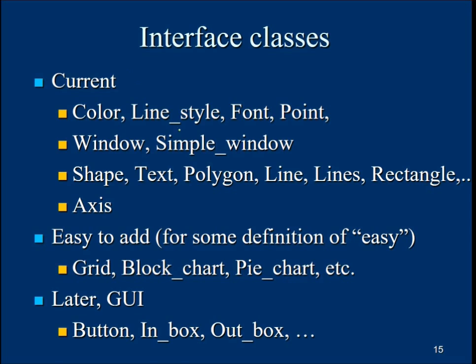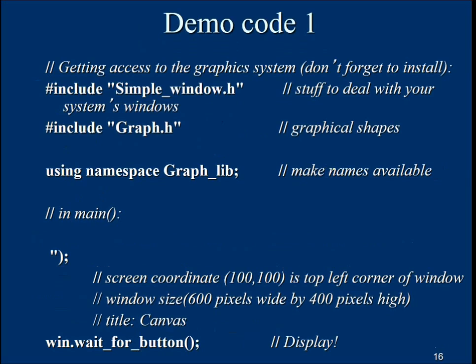These interface classes I just mentioned are color, line style, font, point, window, simple window, shape, text, polygon, lines, rectangle, etc., and axis. And this is quite easy to extend. Grid, bar chart, pie chart you can add, and then you can also have a button or in box or out box.